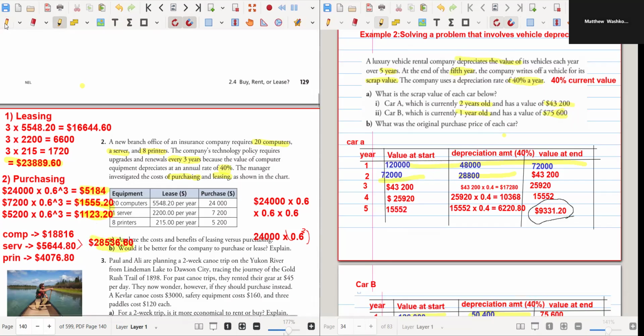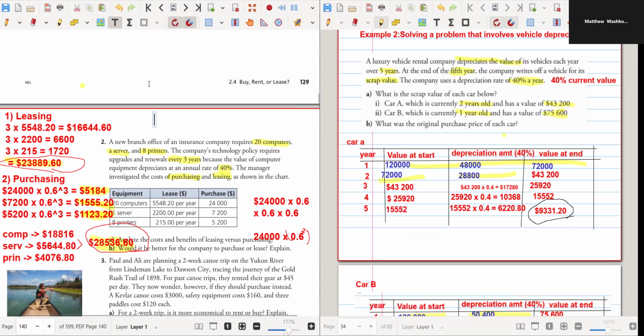So now if we're really looking at this, what do you think we should do? Leasing is cheaper than buying in this case, right? But with buying, you own it after that. So maybe if this 3 year thing didn't exist, if it was instead 4 years, buying would probably be cheaper at that point.